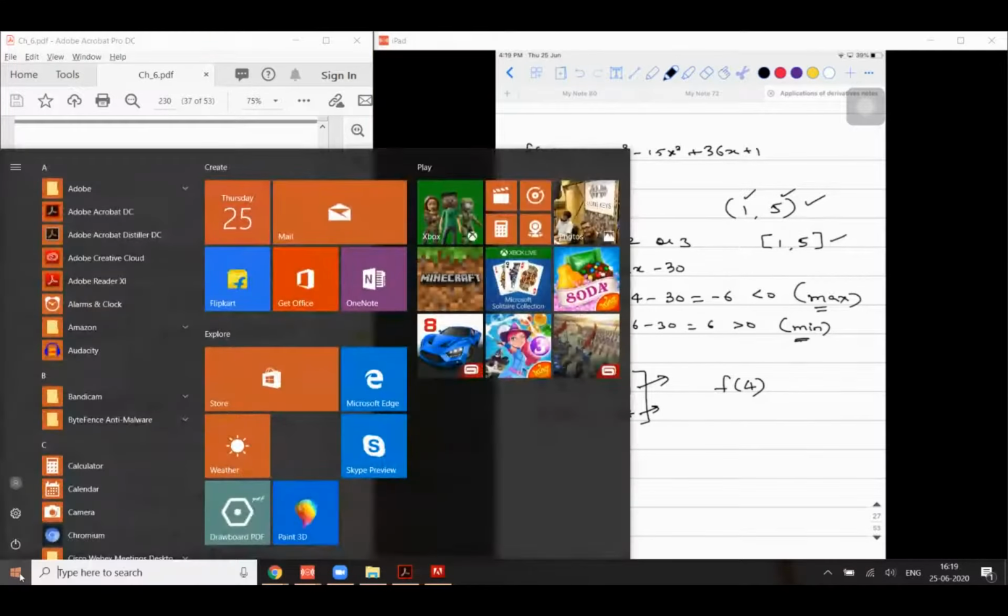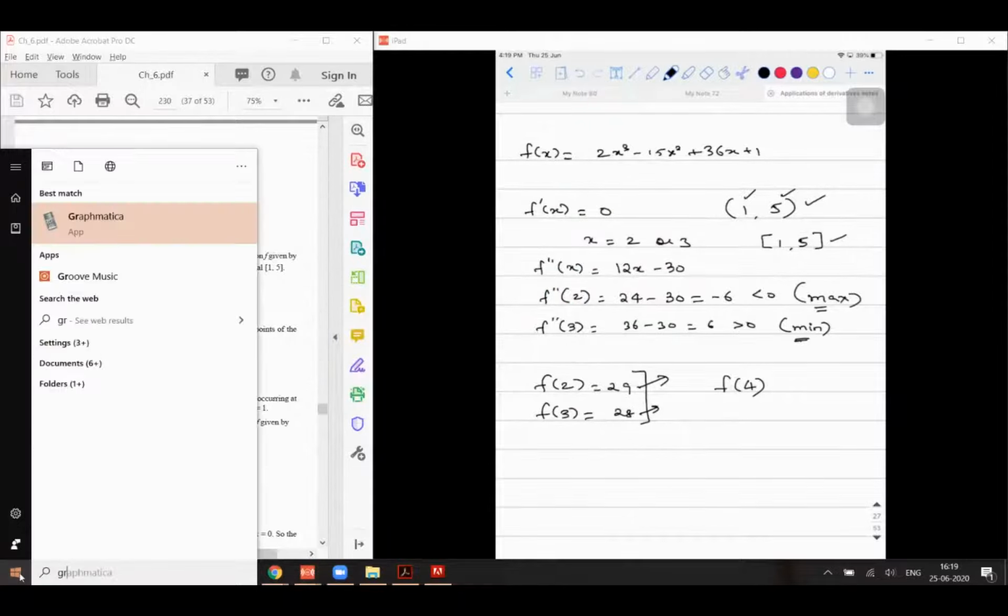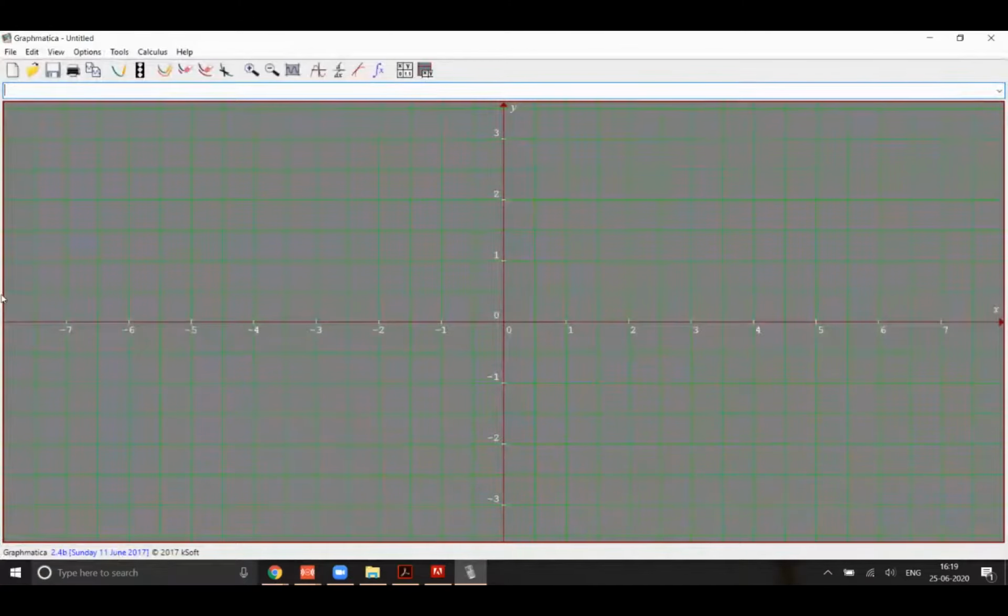I can give you another point. y is equal to 2x cube minus 15x square plus 36x plus 1.